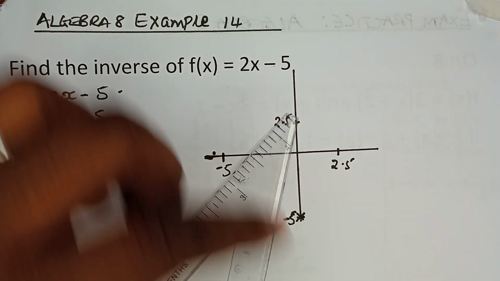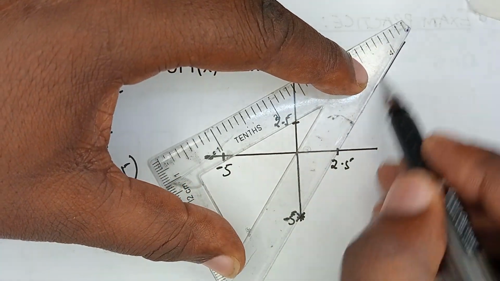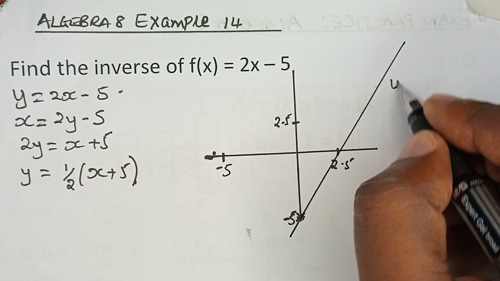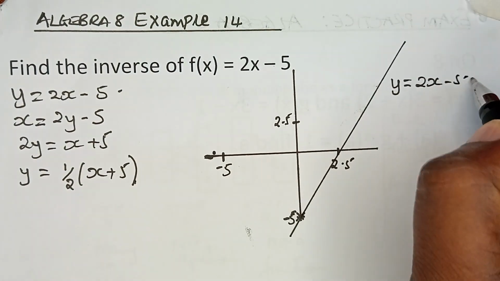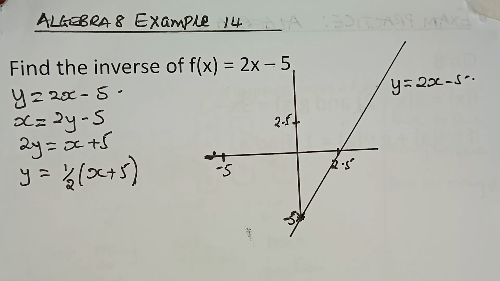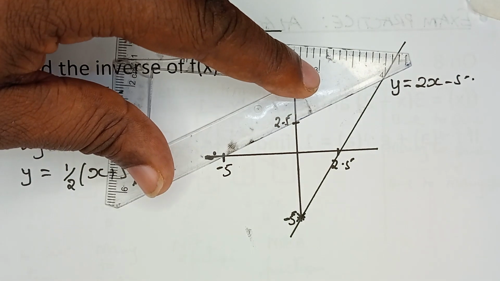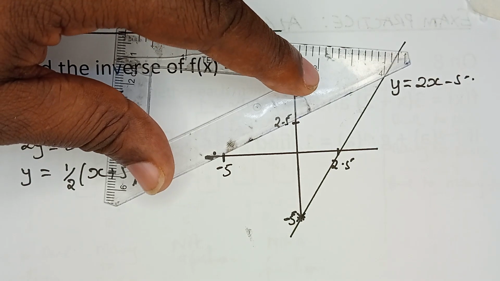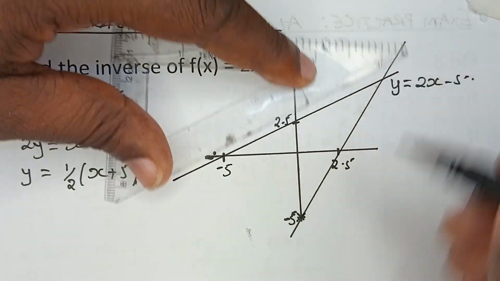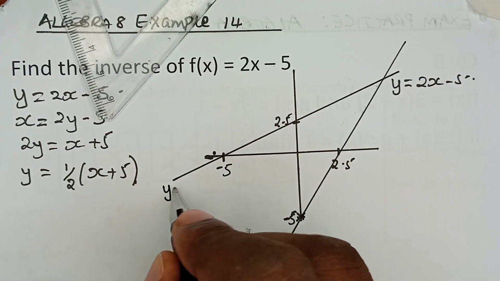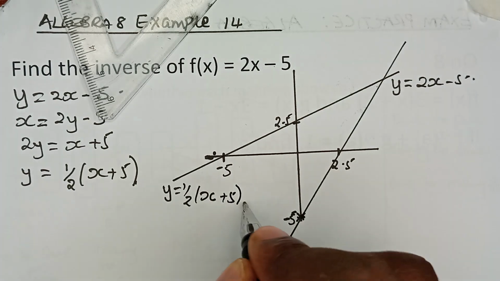This is the line. Let's construct it this way. That is the line y is equals to 2x minus 5, and there should be a line here, y is equals to a half x plus 5.